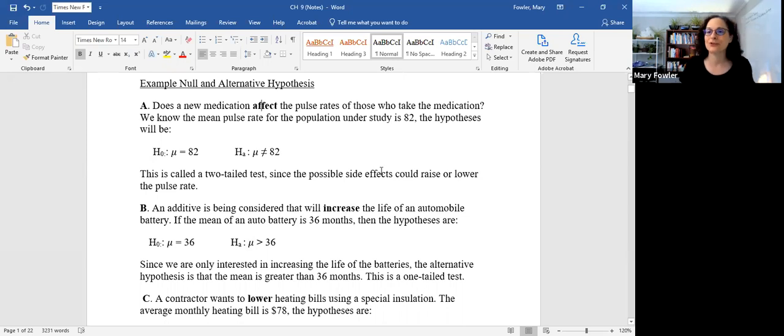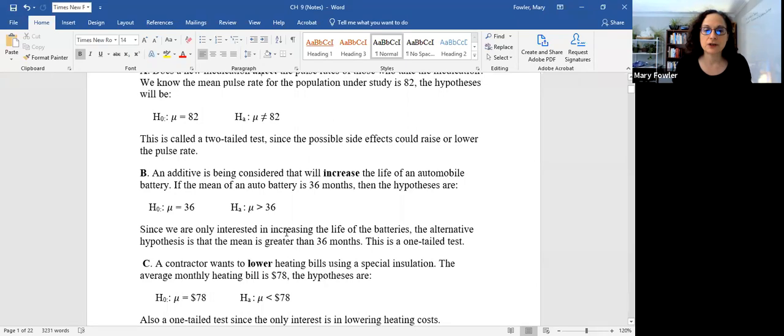In this case, I bolded it, it's increase. And so an additive is being considered that will increase the life of the automobile battery. So the alternative to equals 36 is going to be greater than, because increase and greater than go together. Okay, and so since we're only interested in increasing the life of the batteries, the alternative hypothesis is that the mean is greater than 36.